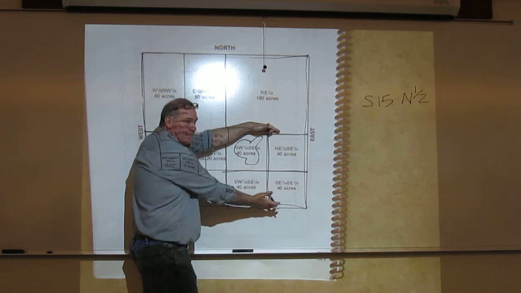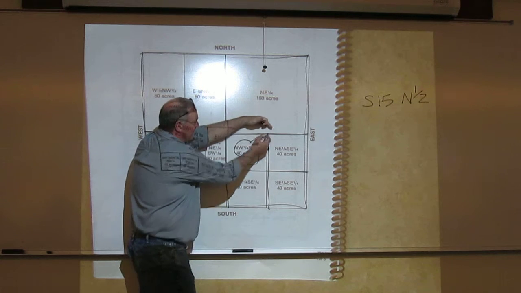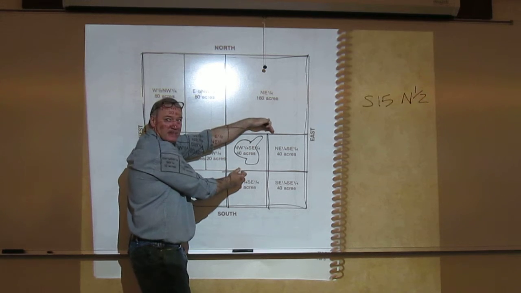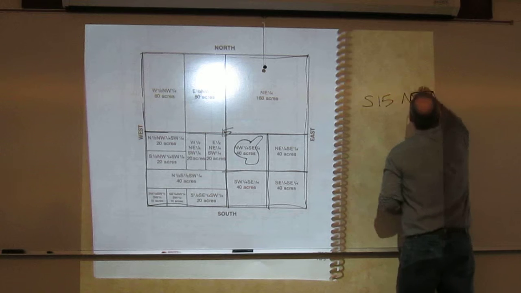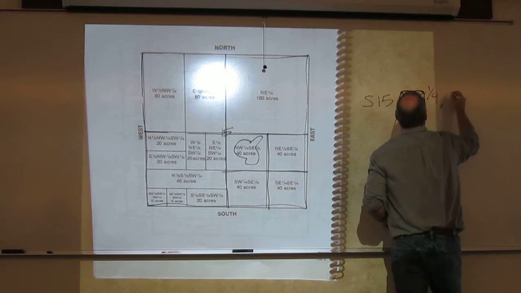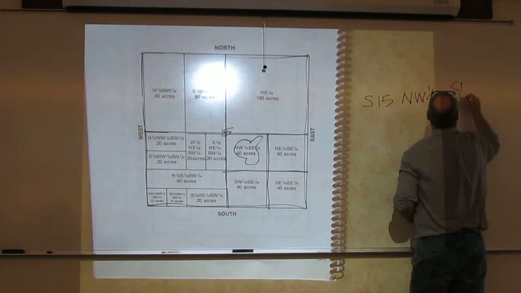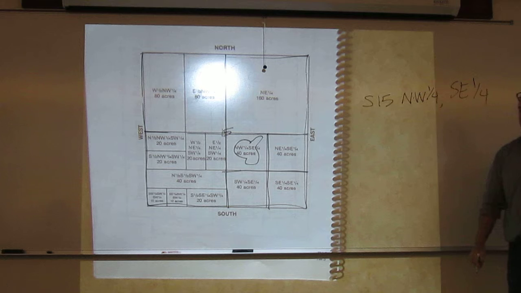It's the southeast, right? Then I took that one and broke it up into quarters, and this is the northwest. Okay. So this would be, and you start small, northwest quarter of the southeast quarter of section 15. Does that kind of make sense?